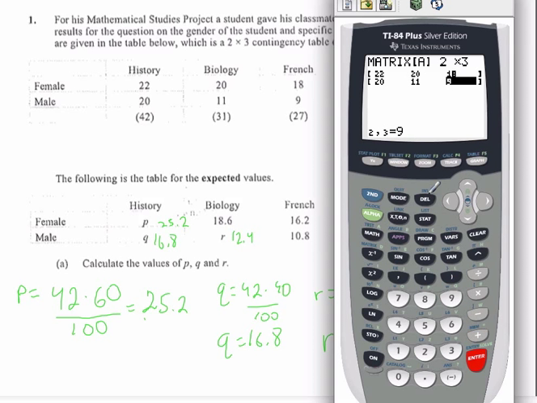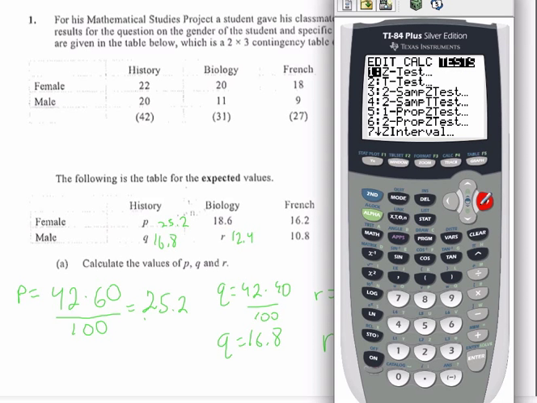Okay, I got my matrix done. Now we're going to calculate chi-squared, so we go to stat, go over to tests, and it's actually way down there at C, so you could type in alpha and then C, or scroll down. Actually, alpha C would have been a lot easier. Okay, there's the chi-squared test.